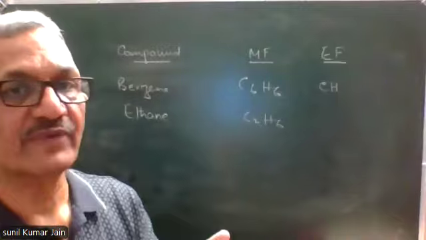Now, we have studied percentage composition. We have studied empirical and molecular formula. Only definitions were required for the next topic. If we know atomic weight, percentage composition, and have an idea about mole concept, then all that can be used to calculate empirical and molecular formula of the compound.